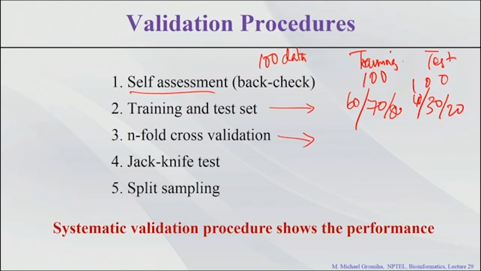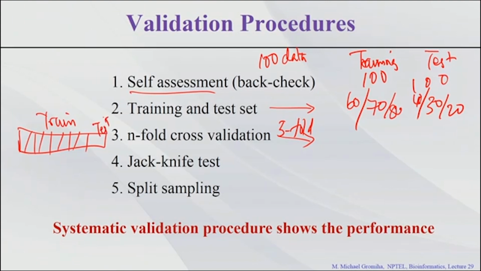That means if you have 100 data, take for example 5-fold cross validation. We divide into 5 groups, 1, 2, 3, 4, 5, train on 4 and test on the remaining one.